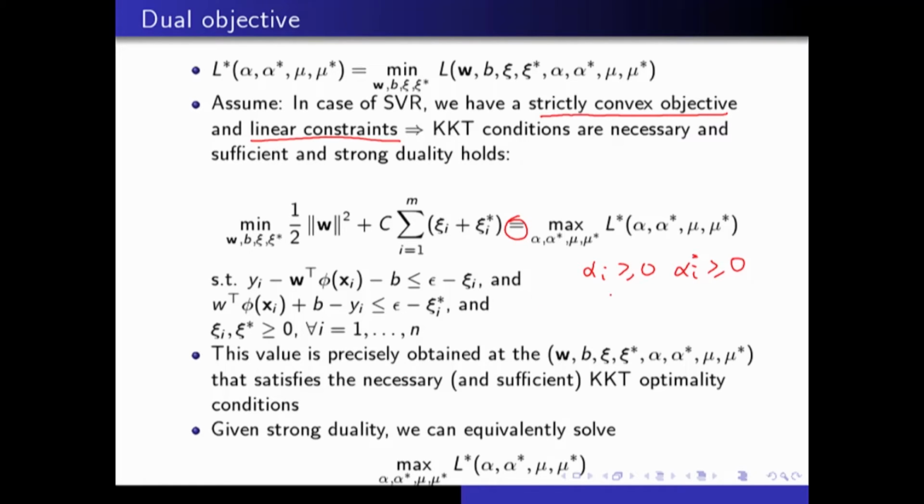Now we don't have to explicitly consider these positivity constraints if we understand that we could restrict the primal and the dual variables along the KKT condition set. So let's call this the KKT constraint set. What is the KKT constraint set? It is basically all the w's, the b's, the xi's, the xi stars, the alpha's, the alpha stars, the mu and the mu star that satisfy the KKT conditions.